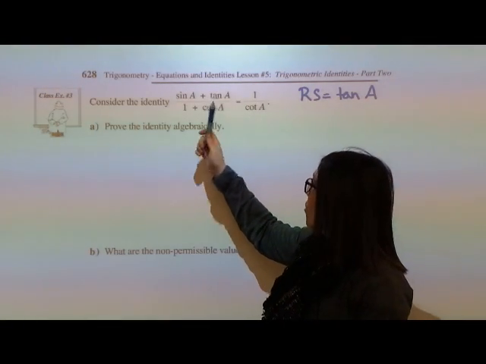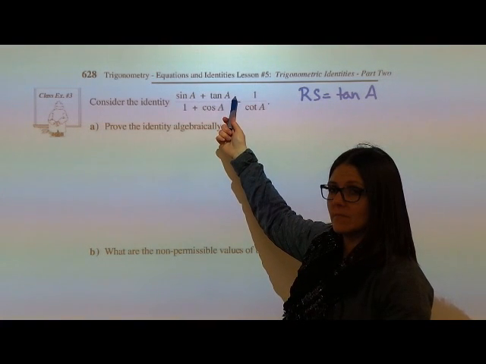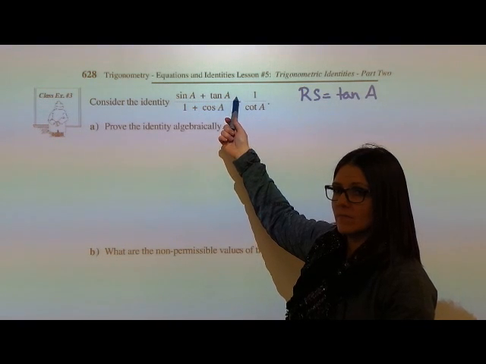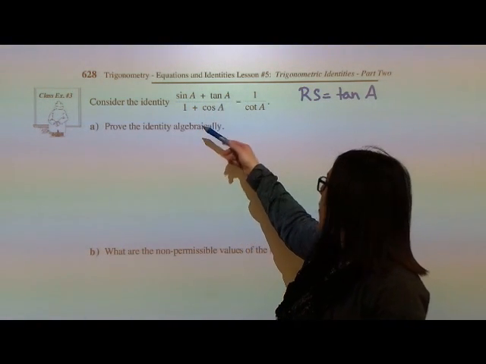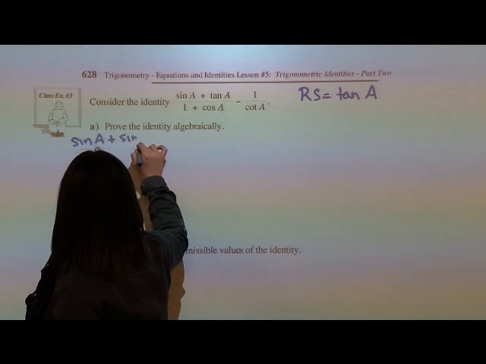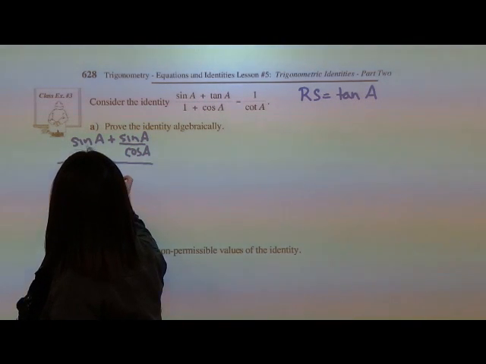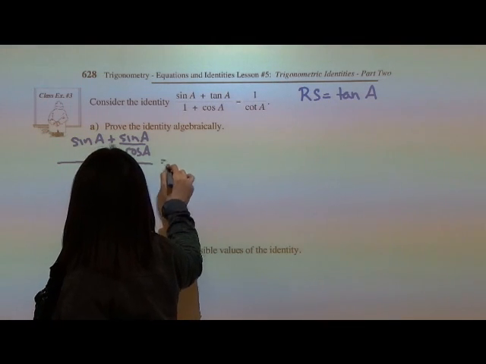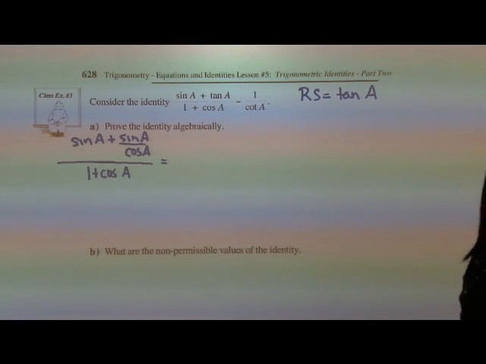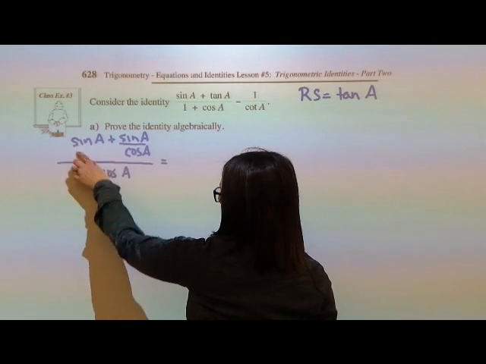So what do I want to do with the tan A on this side? I want to change it to sine over cos. So I now have sine A plus sine A over cos A, all over 1 plus cos A. That gives me a fraction to add.